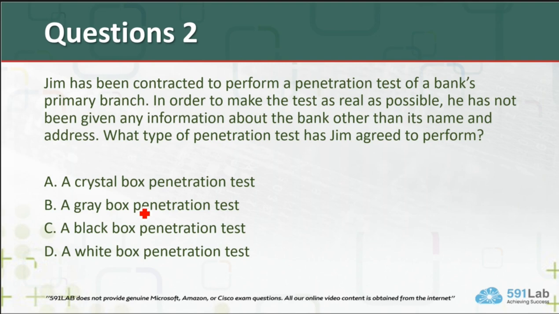Pause the video, think about the answer, and then you can resume. So there is no such thing as a crystal box penetration test. Gray box is when we give the penetration tester some information about our systems.